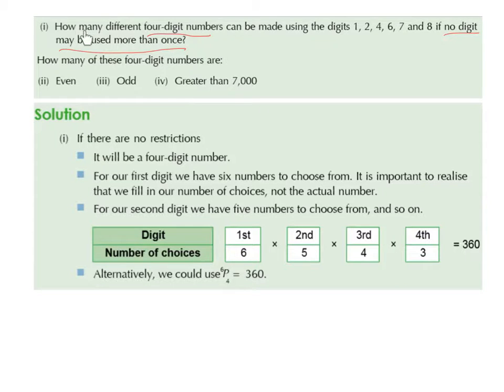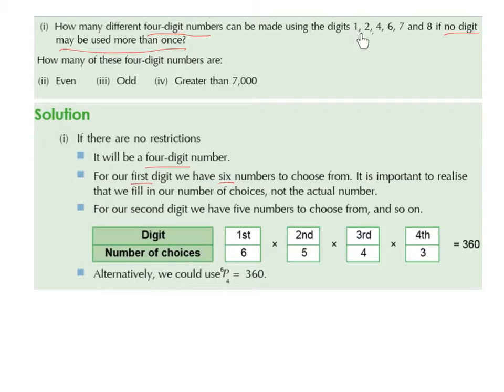So part 1, how many 4-digit numbers can be made using the digits 1, 2, 4, 6, 7 and 8 if no digit may be used more than once, so no digit can be repeated? So there are no restrictions. So it will be a 4-digit number. For our first digit, we have 6 numbers to choose from.